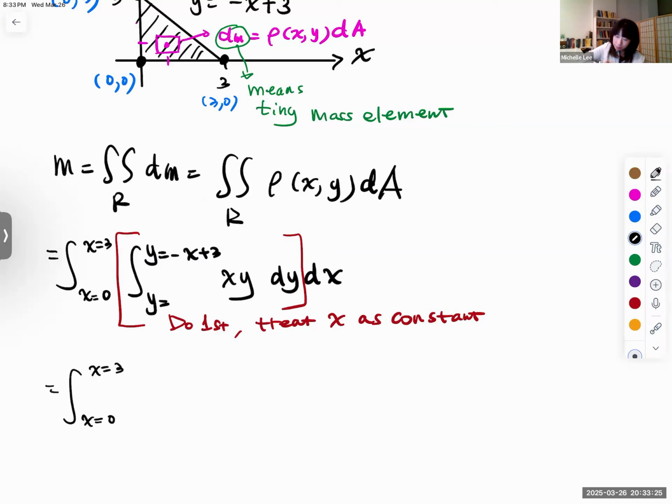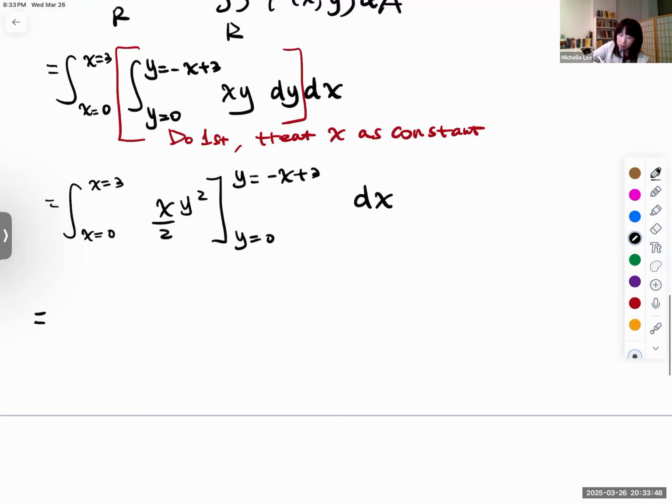X is constant, so we keep it, and y we integrate, so y squared over 2, and we evaluate from y equal to 0 to negative x plus 3, dx.